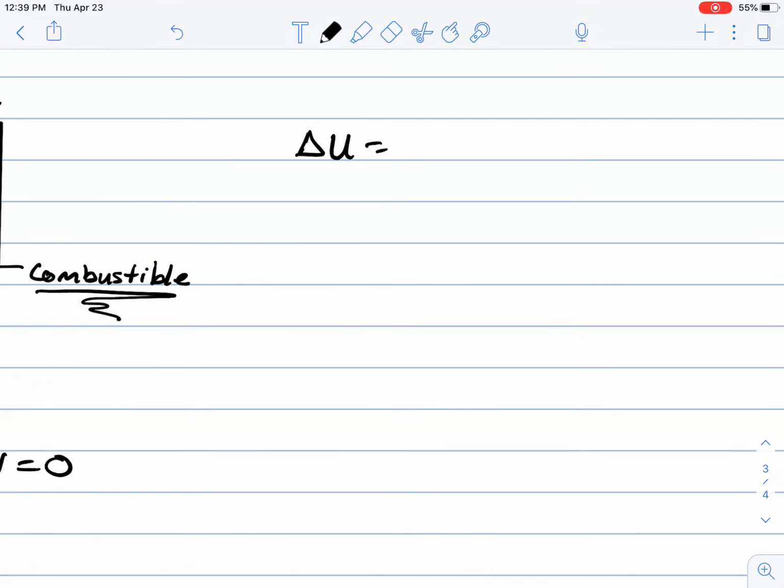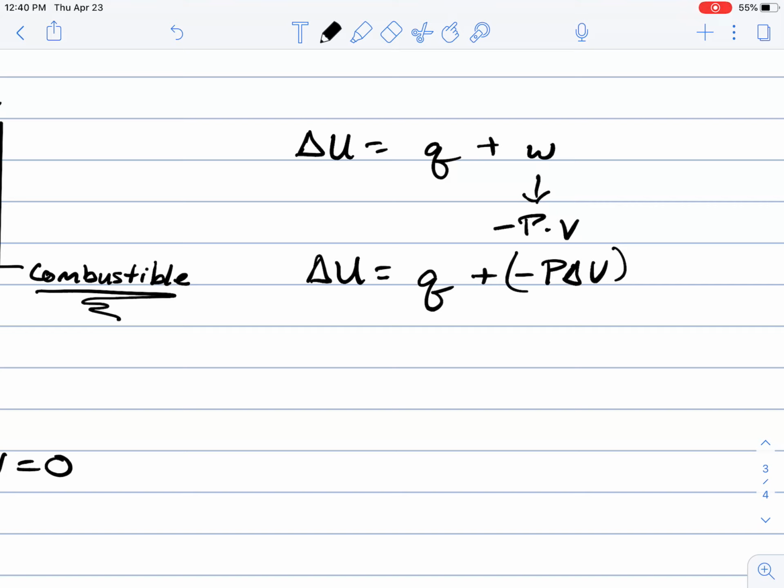If you guys recall, delta U is equal to Q plus W, where W can be represented as negative P delta V. And so if we substitute that in, delta U is equal to Q minus P delta V. Overall, the change in internal energy can be calculated by taking the sum of Q minus P times delta V.